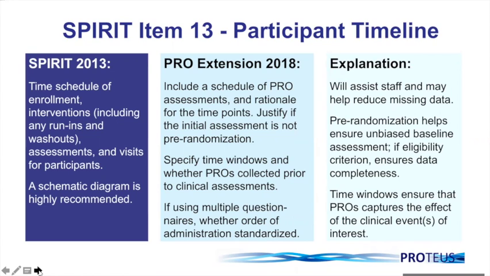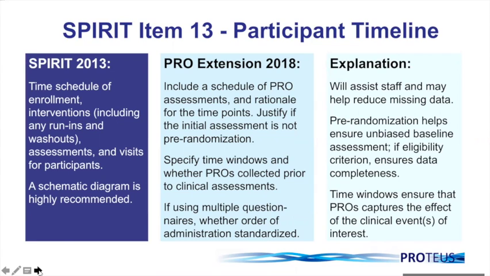You should clearly specify time windows for the PRO collection and whether the PRO should be collected prior to clinical assessments. And if you're using multiple questionnaires, whether the order of administration is to be standardised. This schedule of assessment is really crucial as it helps staff understand when the assessments need to take place and may help reduce missing data.